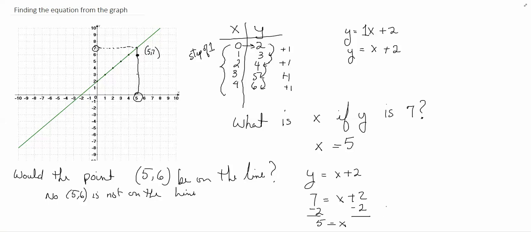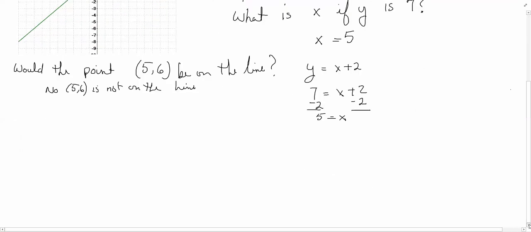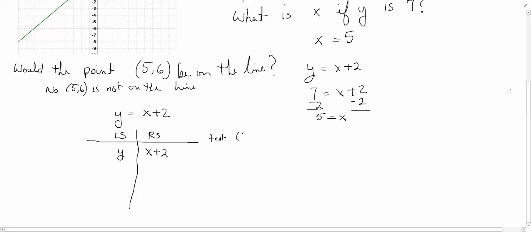The other way to do this is to use a process called verification. And so I'm just going to scroll up a little bit. So we take our equation, we have y is equal to x plus 2. And we split that into a left side and a right side. So the left side is y, and the right side is x plus 2. And then we test our point 5, 6. So 6 is the y, I substitute it in here.